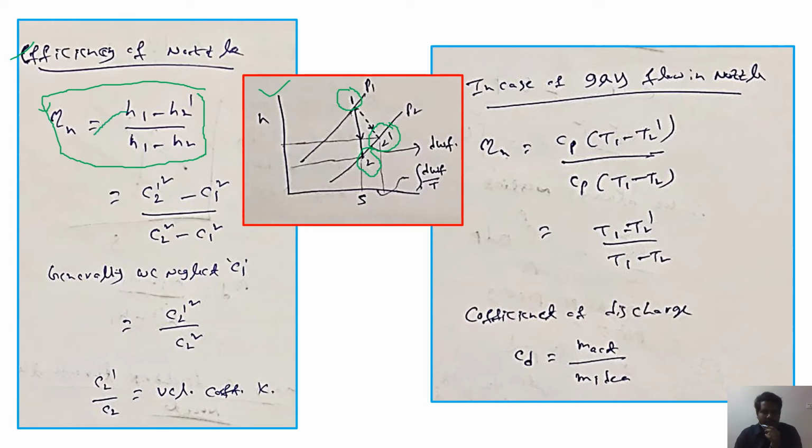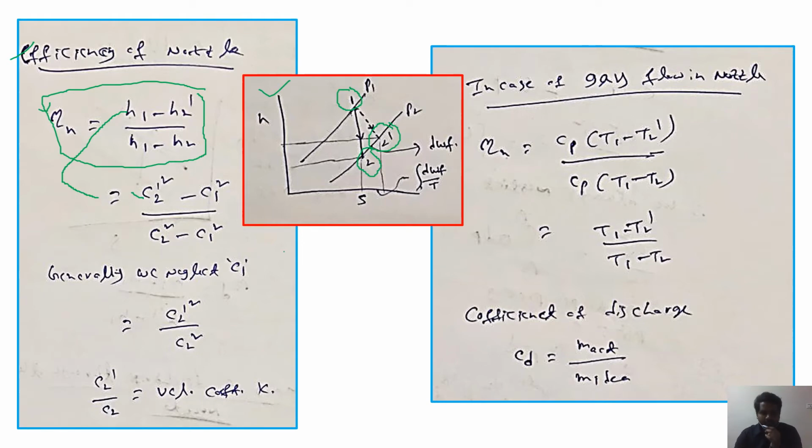As we know, when we apply the first law, change in enthalpy equals change in kinetic energy. So we can write it as, where C is the velocity, C2 dash square minus C1 square divided by C2 square minus C1 square.